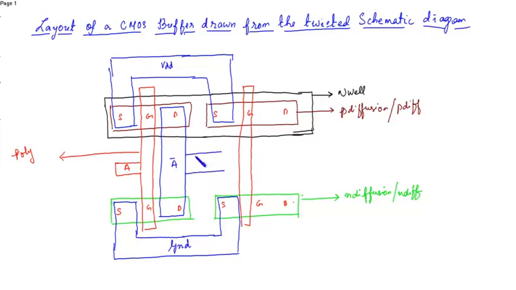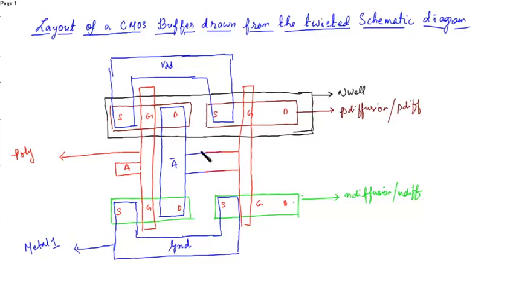And this is a metal layer and this is the poly layer. Okay, so there is an overlap between the metal and the poly layer.